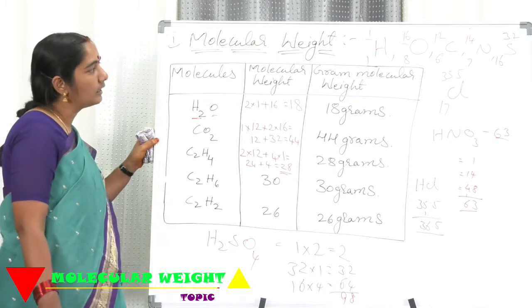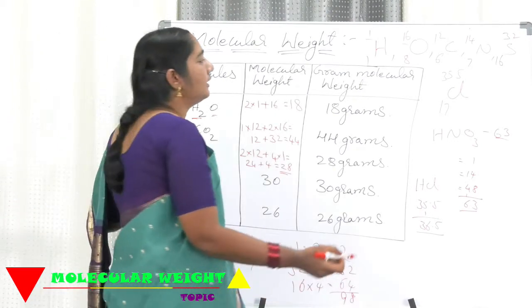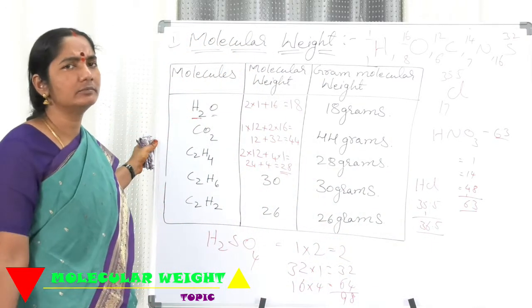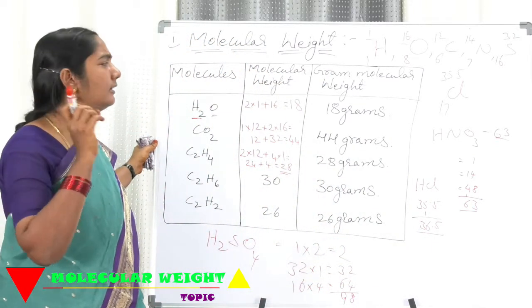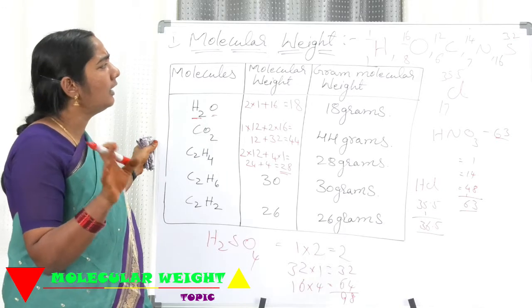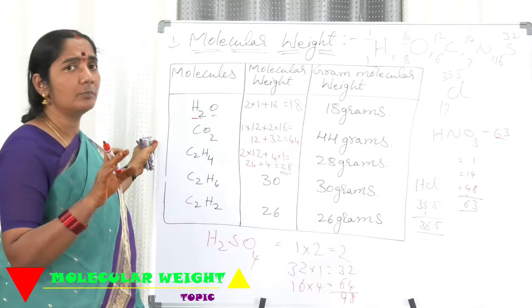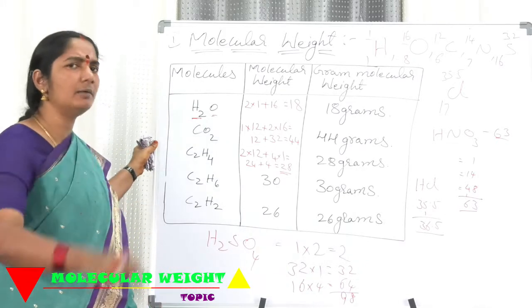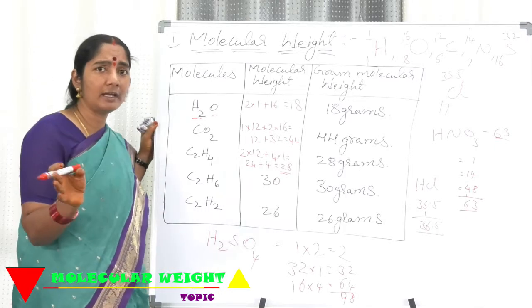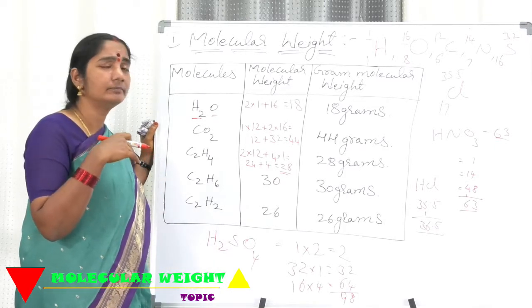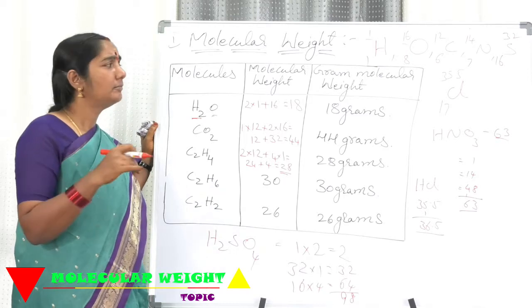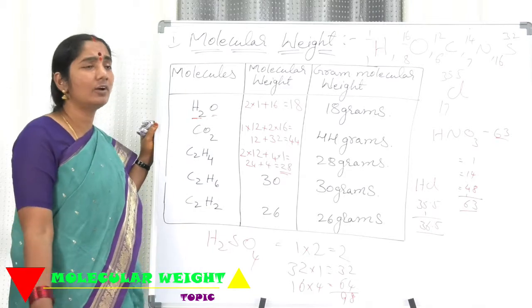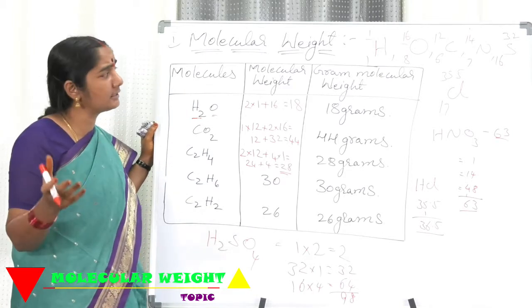You can do it. And let us take nitric acid, HNO3. In this way, you can find the molecular weight for any compound, any substance. Please try to find the molecular weights of at least 50 compounds: potassium nitrate, zinc chloride, magnesium sulfate. Already you have written so many compounds in the previous classes.